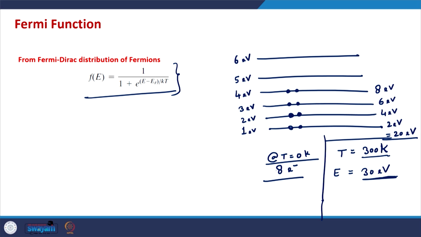Since we have a small number of energy levels, let us say we take the energy to be 24 eV. At T equal to 0 Kelvin the energy was 20 eV. Now, let us say the energy is 24 eV.